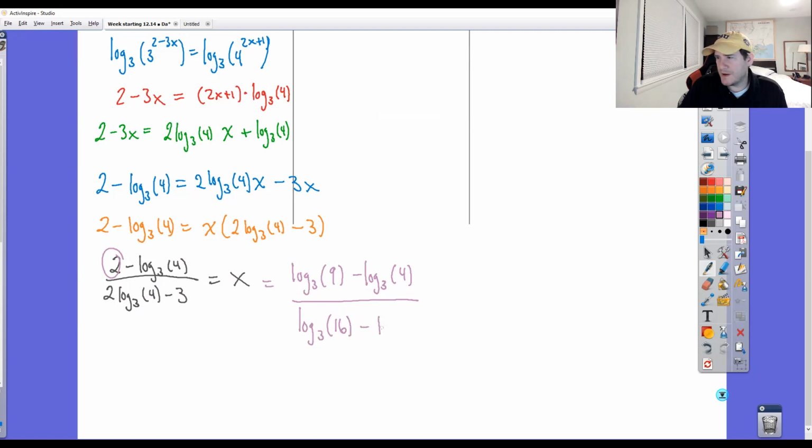And that 3 would be a log base 3 of 27. Okay, that certainly doesn't feel better. But now we can use quotient rule to get to log base 3 of 9/4 all over log base 3 of 16/27.